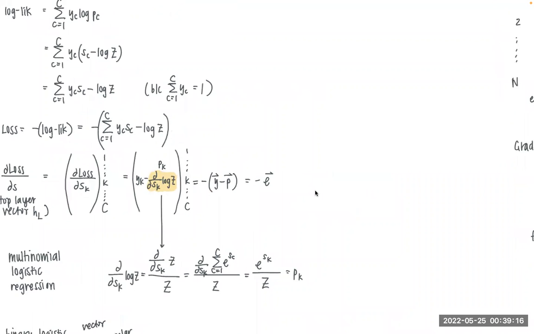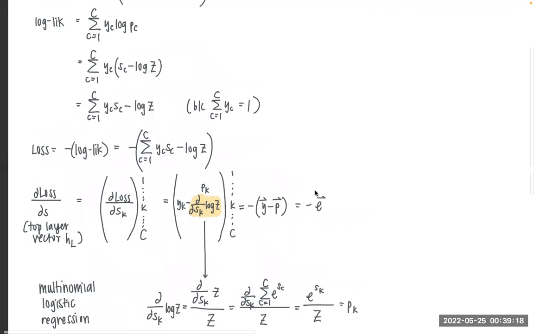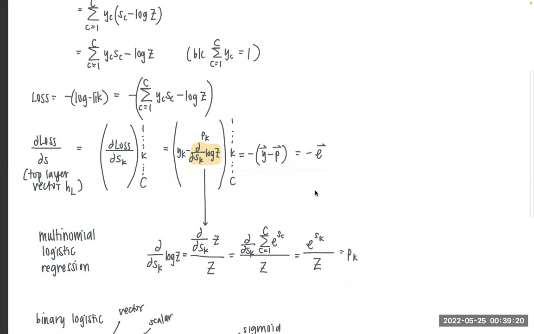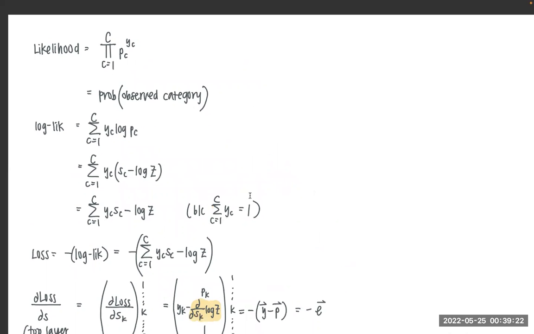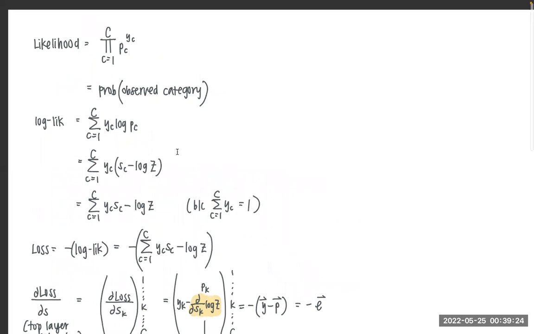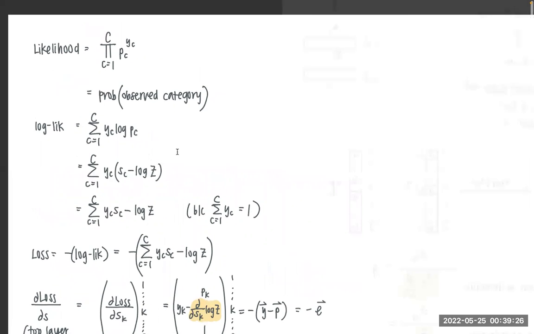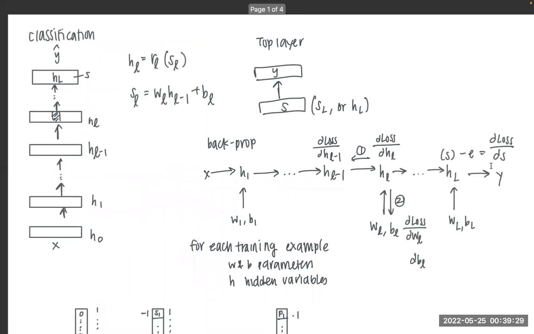This part I ask you to reproduce in the homework, for this multi-category classification. After you calculate the top layer loss derivative, you get negative E, right? Then you use formula 1 to go back along the backbone, and formula 2 to compute the derivative with respect to the parameters.